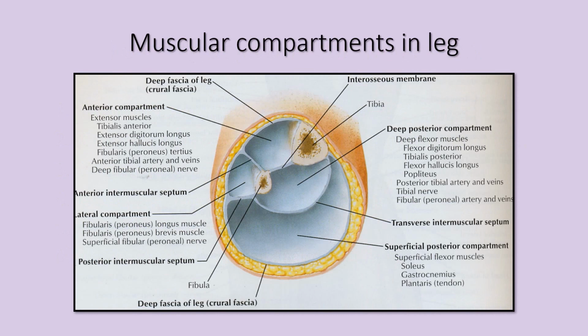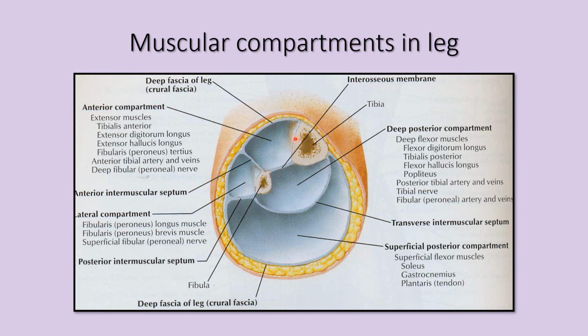The muscular compartments of the leg are shown here in transverse section. You can see here this is the tibia, which is a subcutaneous bone, and this is the fibula. This is the anterior side, this is the posterior side, this is the medial side, and this is the lateral side.